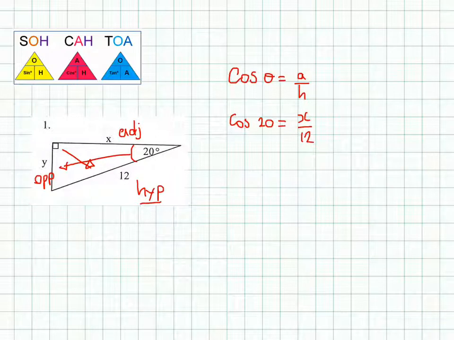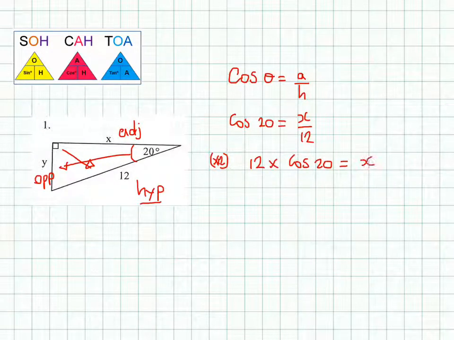Again, x and 12 are dividing. I want x to be on its own. 12 needs to go. To get rid of 12, the inverse operation means I need to multiply by 12. So I will get 12 times cos 20 is equal to x on its own there.